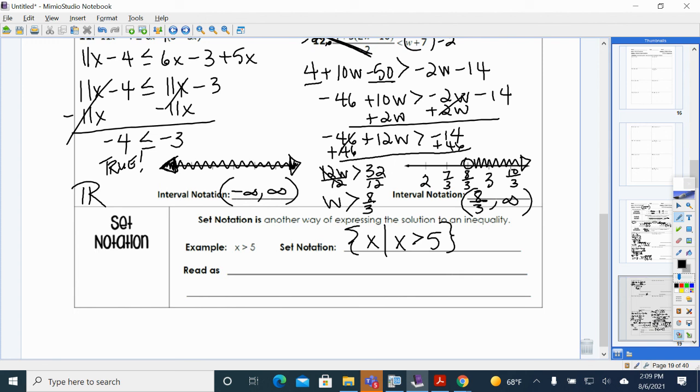That's what it looks like, and you read it as the set of x values such that x is greater than 5.